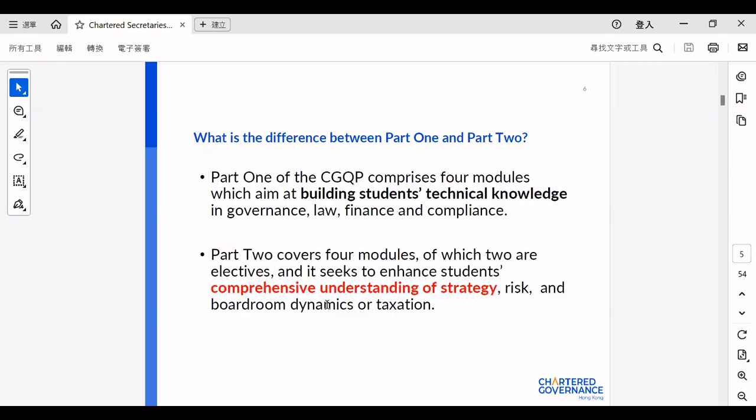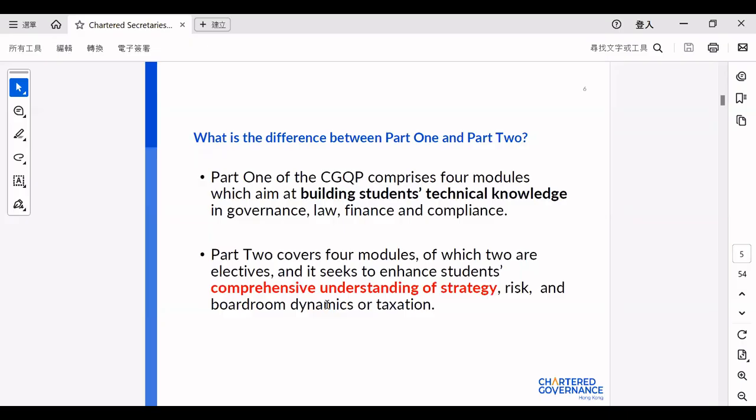That is to say, the focus is not so much on your technical knowledge. We assume that you have a basic knowledge already. So what you are being tested on is your understanding of these subjects. In other words, you have to demonstrate that you understand the topics.